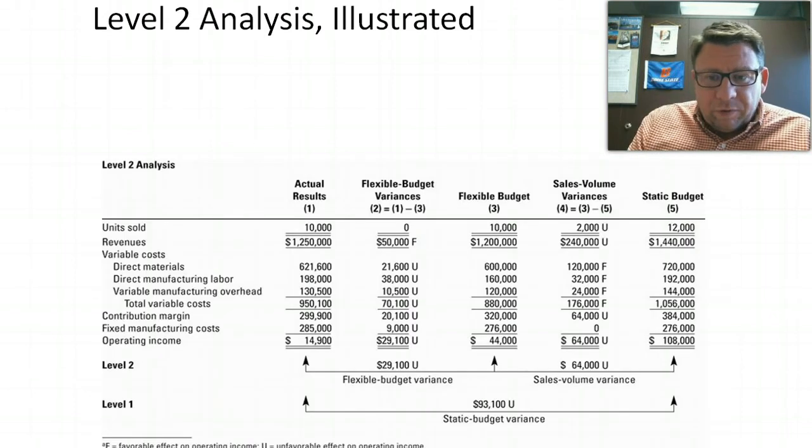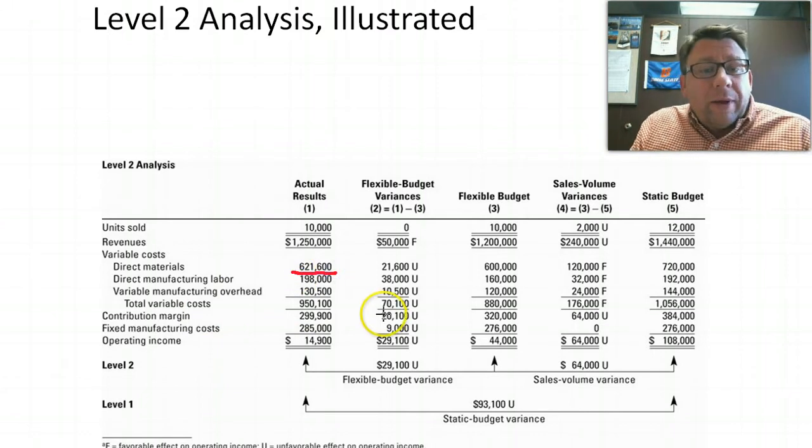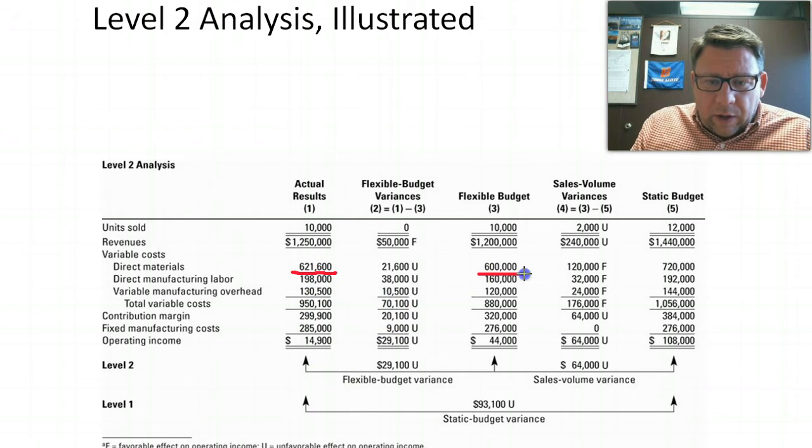Okay, so we've already looked at this. This is our level 2 analysis, and I want to focus on direct materials. So we saw that was our actual amount, and we had calculated that the flexible budget amount, which was the actual quantity of 10,000 jackets times the budgeted price of $60 a jacket, gave us an unfavorable flexible budget variance of 21,600.